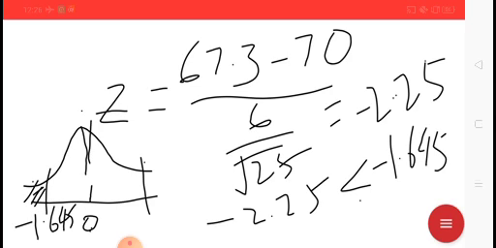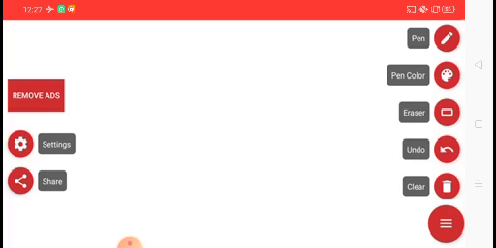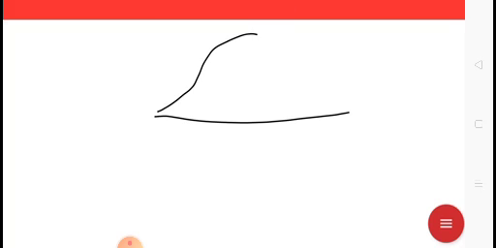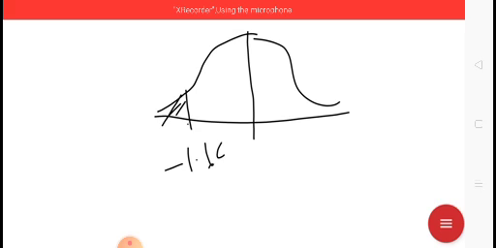So what can you say? Is negative 2.25 in the critical region? You might ask yourself: if yes, you will reject H naught; if not, you will accept H naught. It's simple like that. If you draw the diagram, which is not necessary in the exam, just now we said negative 1.645 is here, so negative 2.25 is inside the shaded area also.